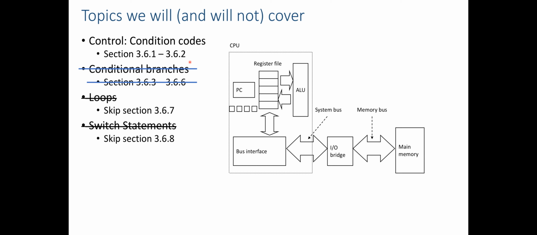And we're also going to skip both loops and switch statements in the rest of section 3.6. So we're just going to concentrate on the beginning of section 3.6 here.